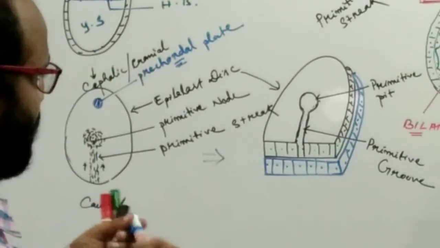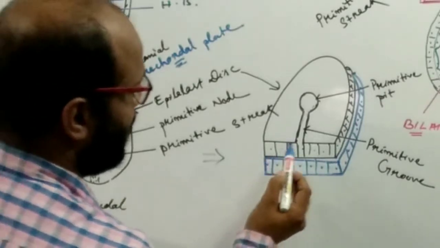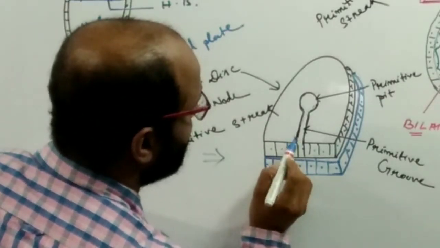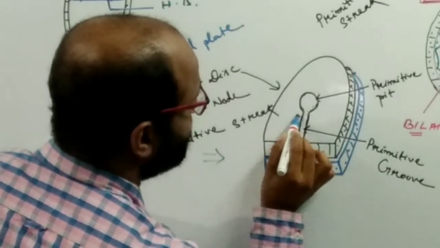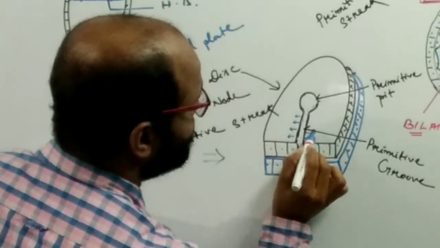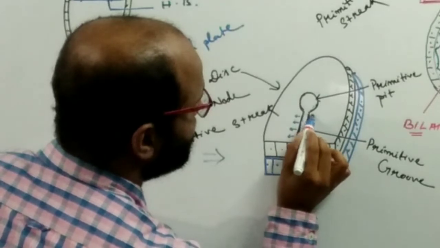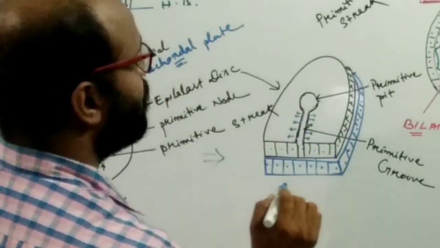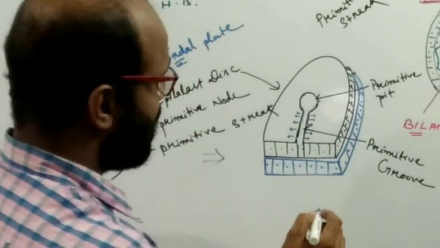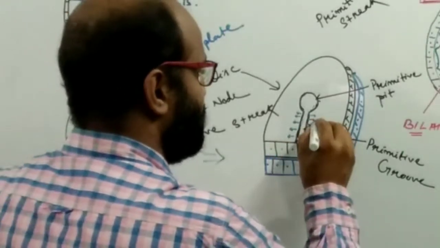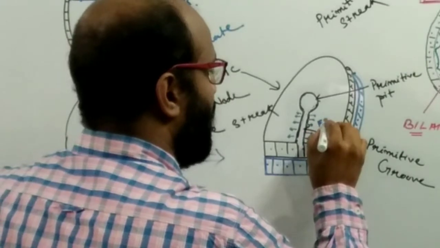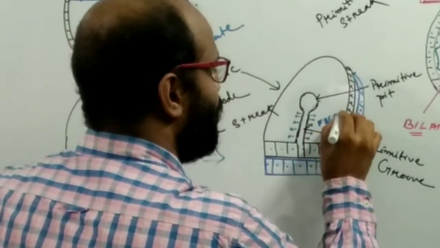The cells which are present at the edge start to secrete fibroblast growth factor 8.